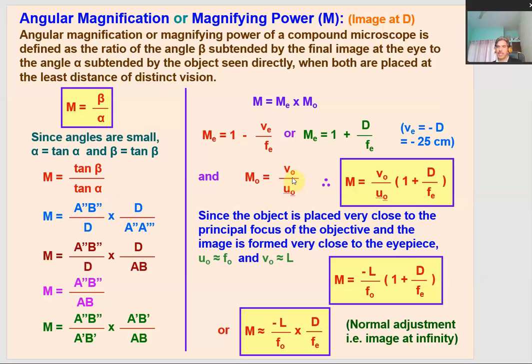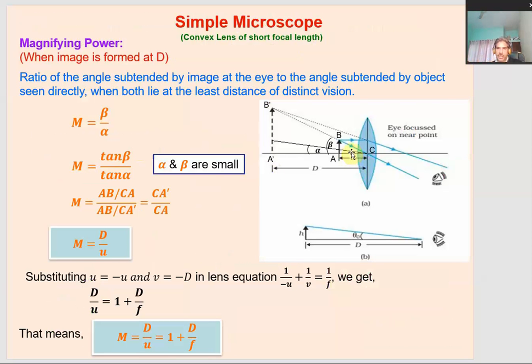And for the eye lens, the final image is formed at the least distance of distinct vision. This situation is very similar to the earlier one, when the final image is formed on the same side of the convex lens.